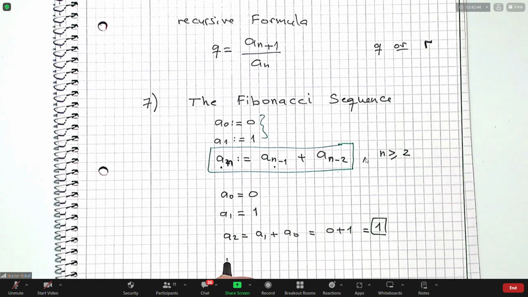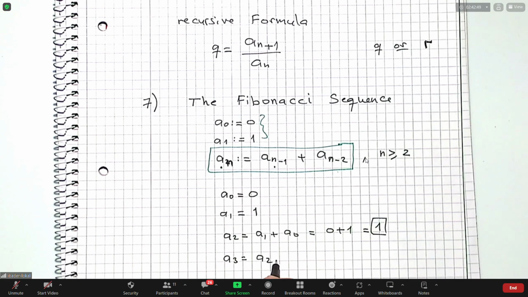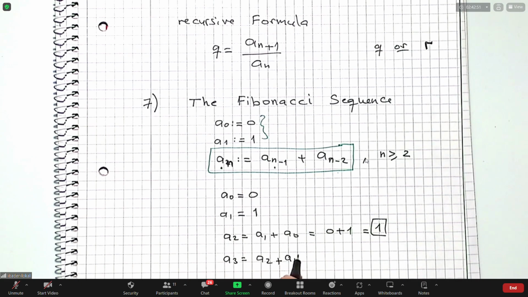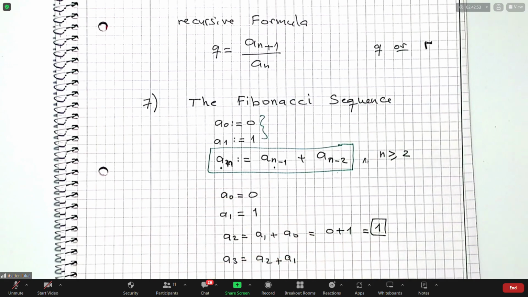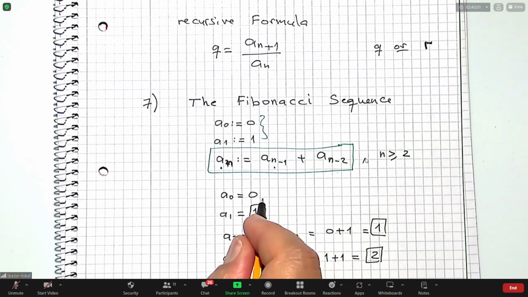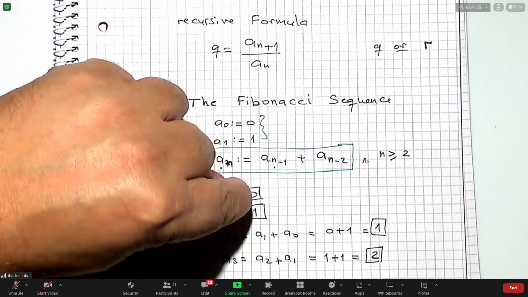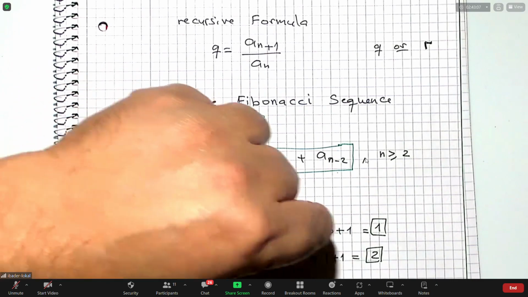Now, A3 is going to be A2 plus A1, the two previous terms. And this is equal to 1 plus 1, which is 2. So 1 plus 0 will give me 1, 1 plus 1 will give me 2.